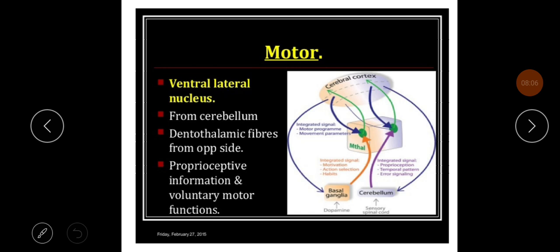Then motor connections are through the ventral lateral nucleus, where it receives information from the cerebellum, that is, from the dentatothalamic fibers from the opposite side. They also receive proprioceptive information and voluntary motor function.